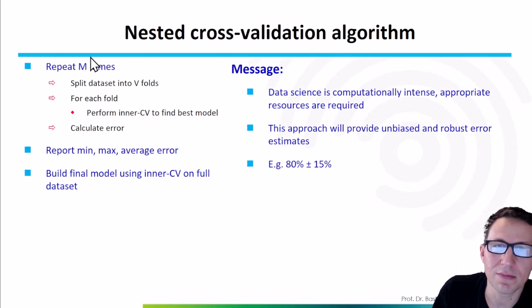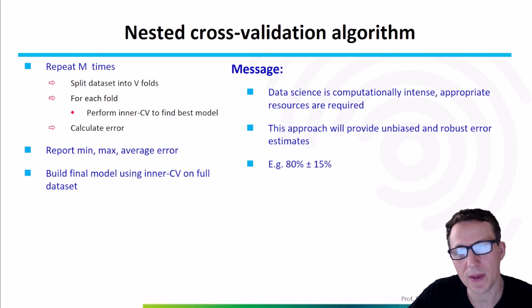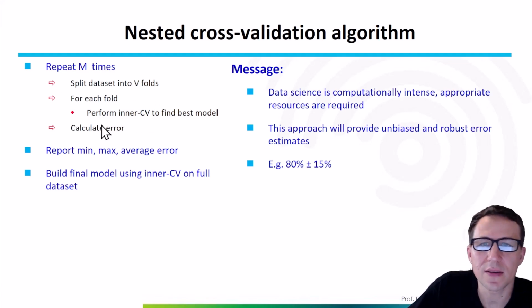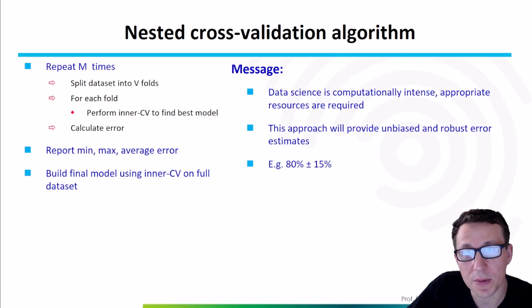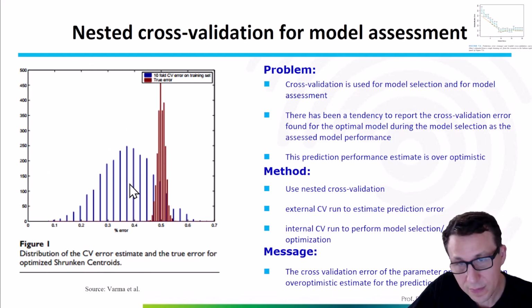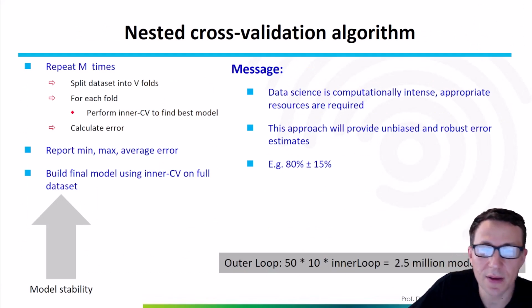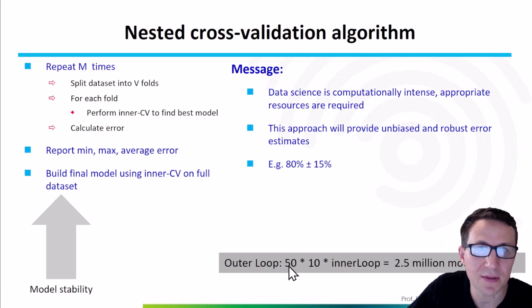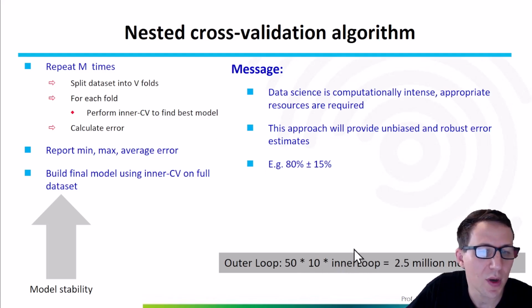As you know, you have to do repeated cross-validation in order to get reliable performance estimates. This then allows you to calculate a performance estimate that is fair, that is not over-optimistic, and doesn't include this kind of bias. But obviously, this is super expensive. If you do the outer loop 50 times, repeated cross-validation, then you have to do cross-validation 10 times for 10 folds, and then whatever your inner loop does.